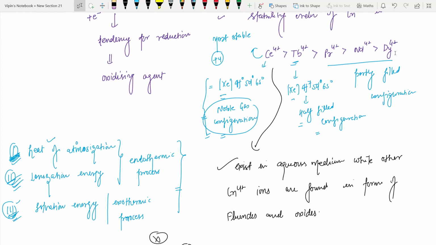So if you read any textbook, you will find that in any system where the central atom is of higher oxidation state, the most common surroundings are either fluoride or oxide. Why? Because the sizes of fluoride and oxide are smaller, therefore they will form stronger bonds, hence more bond energy, and that high bond energy is going to stabilize that high oxidation state.